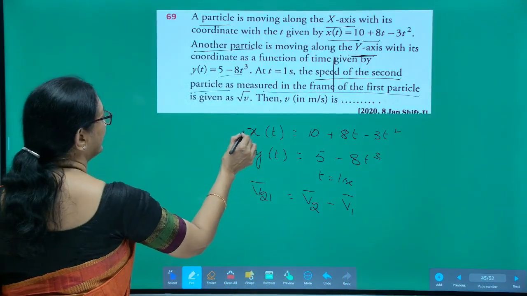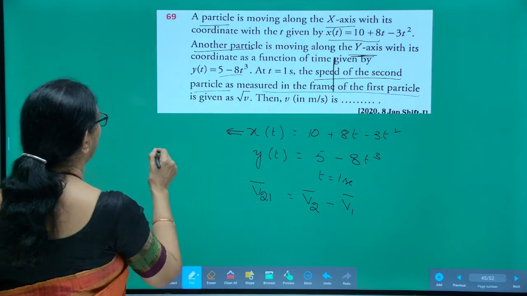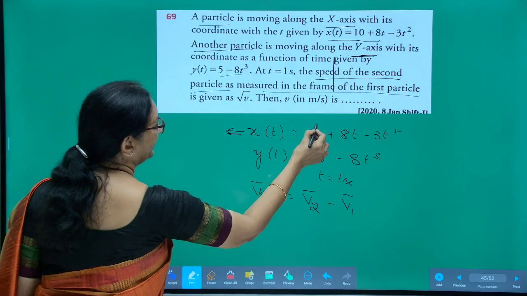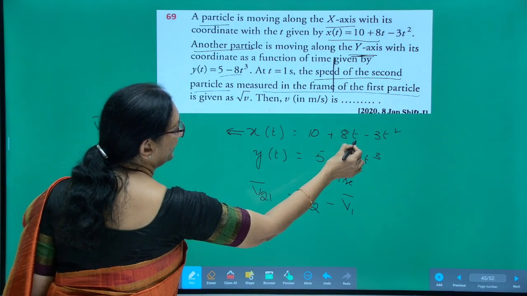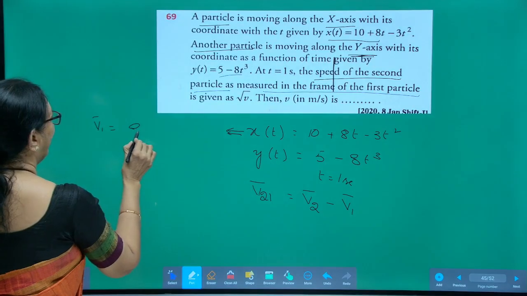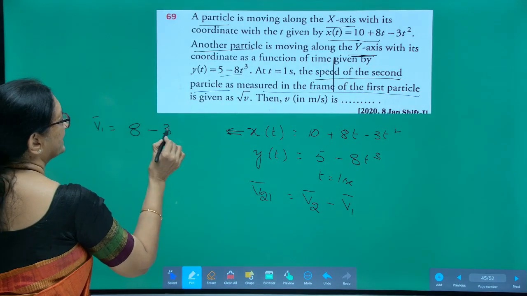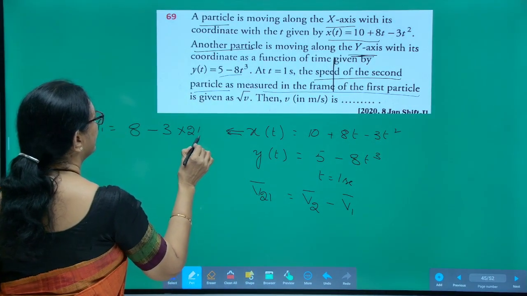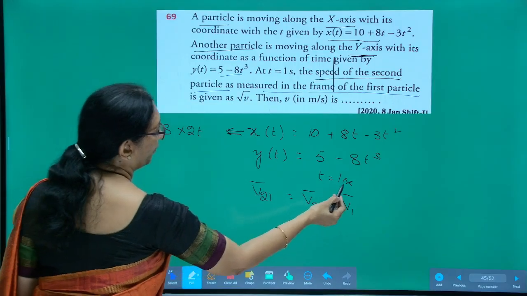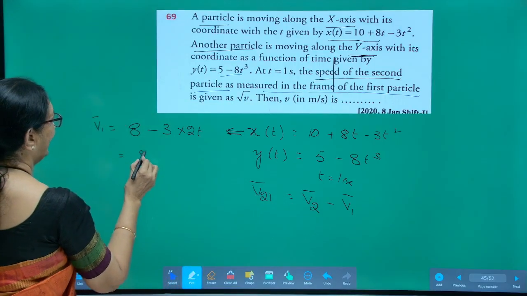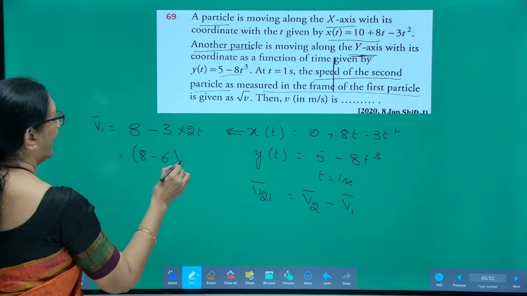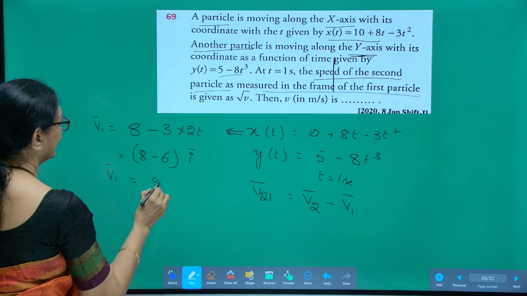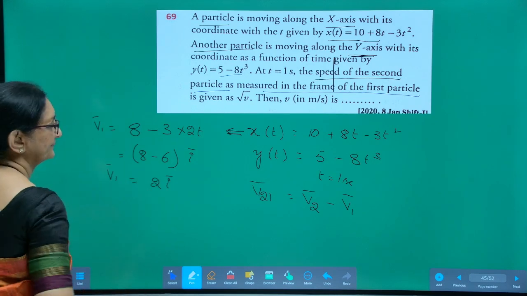So v1 bar is equal to derivative of 10 is 0, derivative of t is 1, 8 into 1 minus 3, derivative of t square is 2t. So at 1 second it is 8 minus 6 I bar, implies v1 bar is equal to 2 I bar.